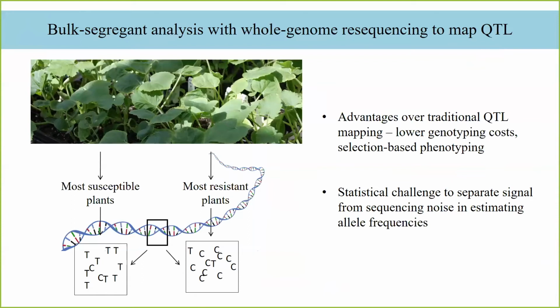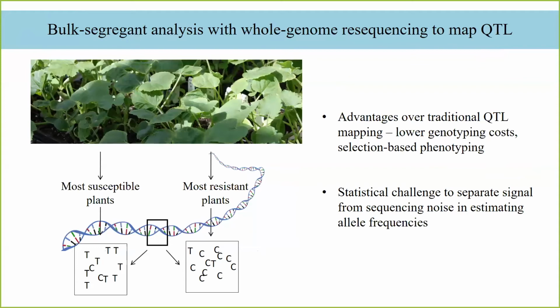So there can be several advantages in some cases over traditional QTL mapping, where all individuals are phenotyped and genotyped separately. That is because you're genotyping fewer individuals, so genotyping costs are lower. Phenotyping is also simpler in the sense that instead of assigning a precise phenotypic score to all individuals, it just requires the researcher to identify the phenotypic extremes.